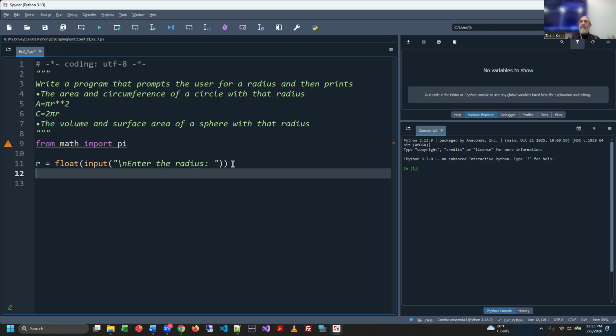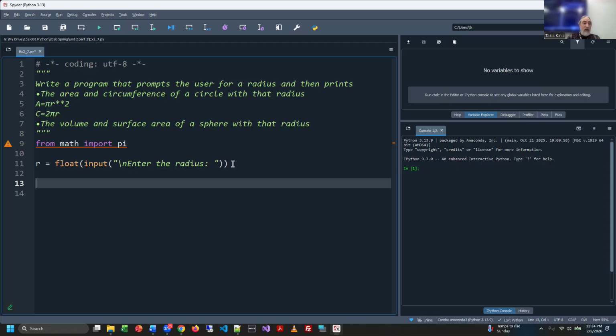So they might type 5 and it returns 5.0. Or if they're scientists, they might type like 5.67925 or something like that, right? They might get really precise. We don't know. But either way, we want it to be a floating point number. Why? Because the precision of the math would be that much higher.